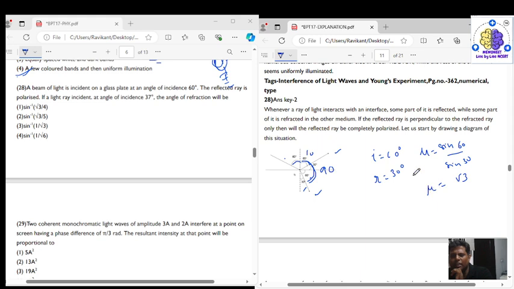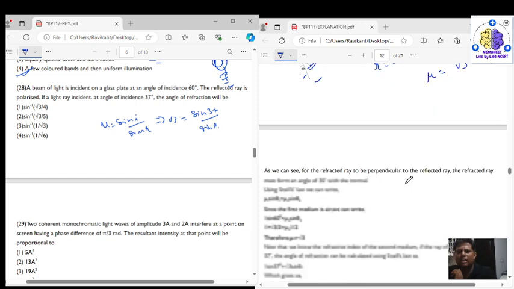Now because refractive index is equal to root 3, what they are asking is, if the light ray is incident at an angle of 37 degree, the angle of refraction will be? So using Snell's law again, mu is equal to sine i upon sine r. So this implies that root 3 is equal to sine 37 upon sine r.